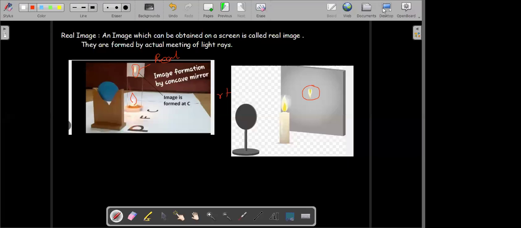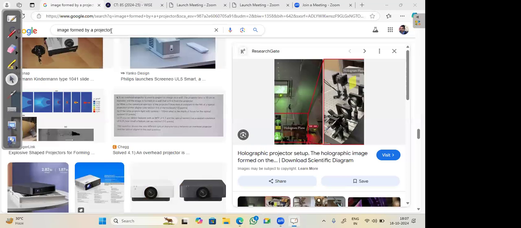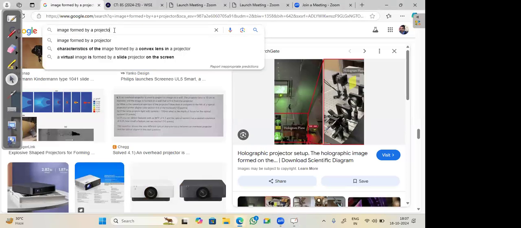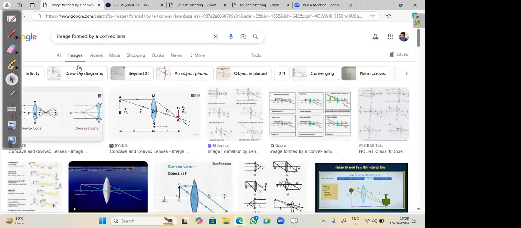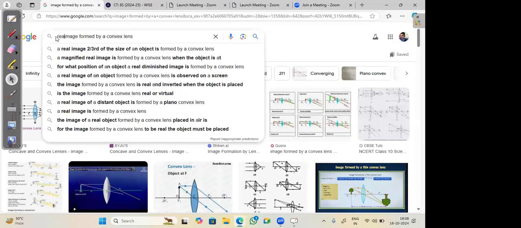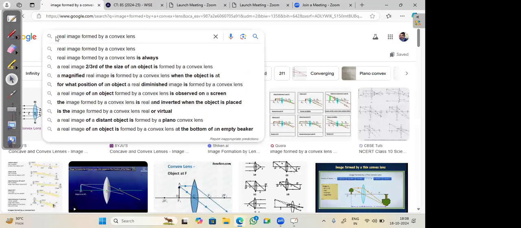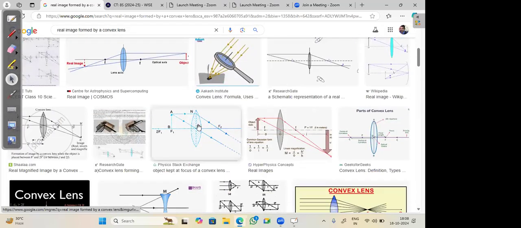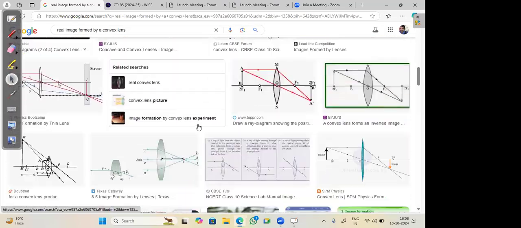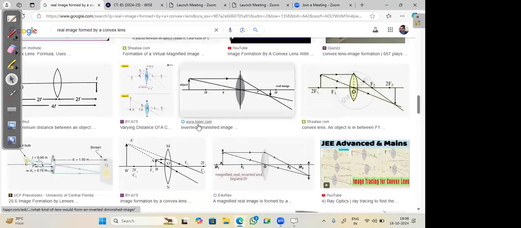I'll show you the image formed by a convex lens, so you can see what a real image looks like. If you use a convex lens, then also you will be able to see real images.